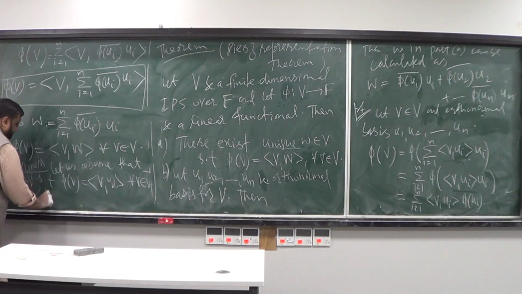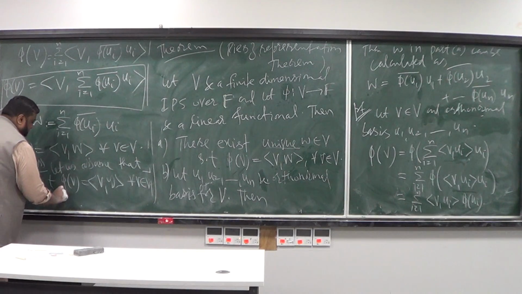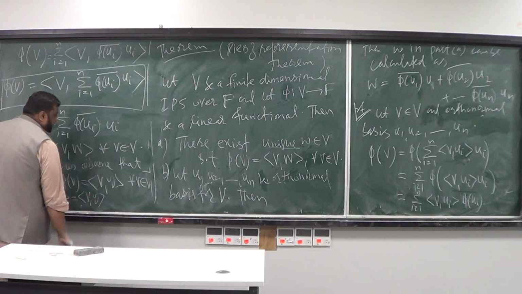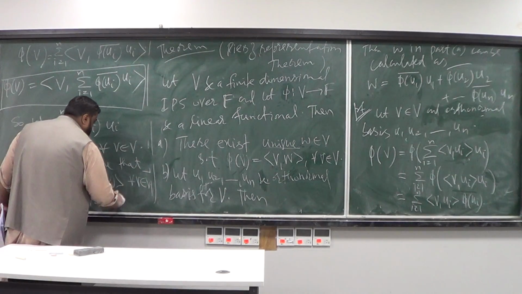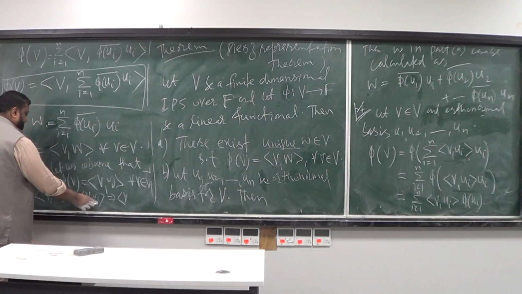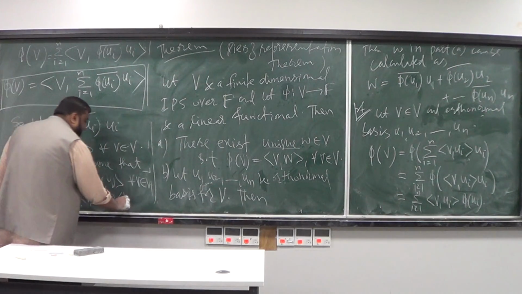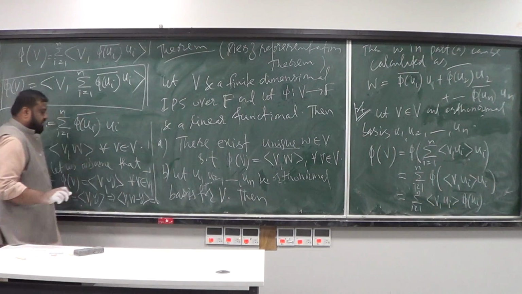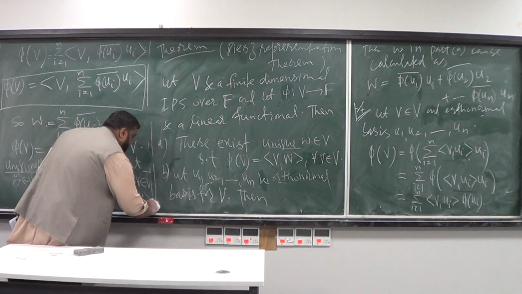So you're going to have the inner product of v with w equal to the inner product of v with y, and this means I can write this as the inner product of v with w minus y equal to 0, for all v.